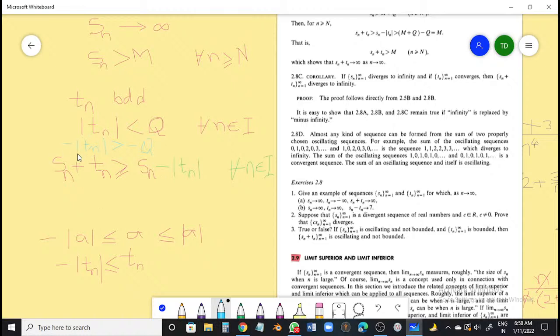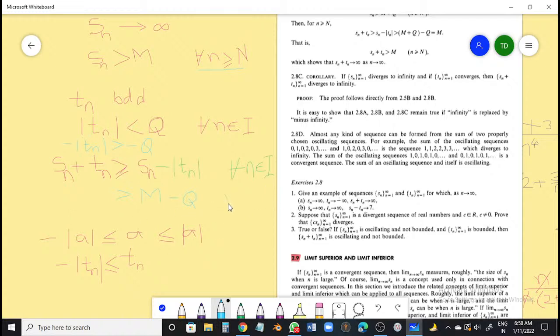So this value is going to be greater than minus Q. And for Sn, I know Sn is greater than m, but it happens only after crossing this N. So what is the result we have got?